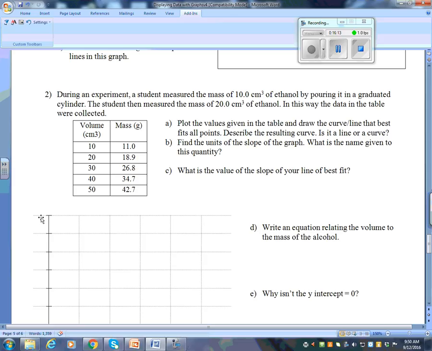The volume is, oh, zero. You're not supposed to draw lines though. Did I draw lines? That is exactly what.